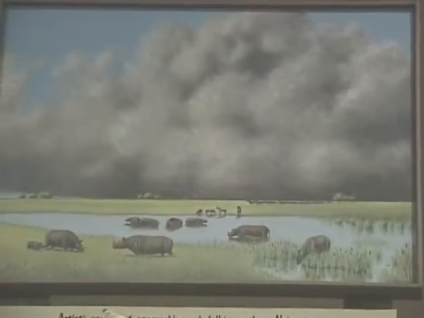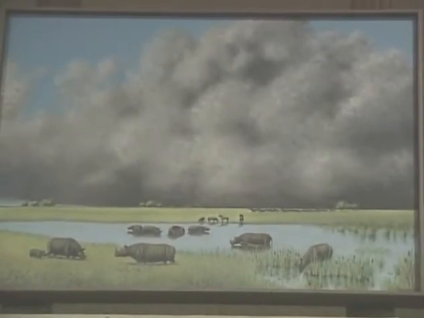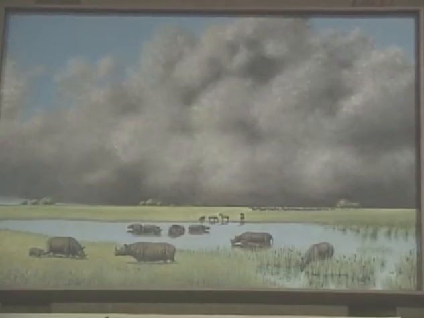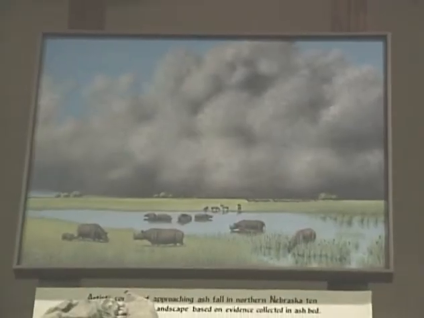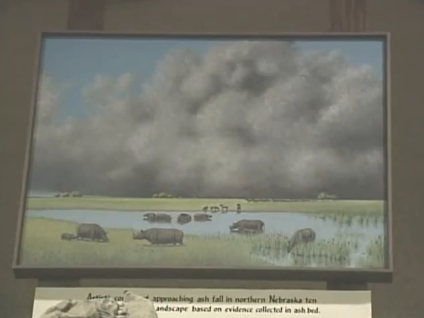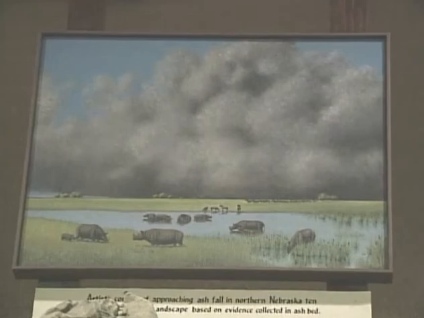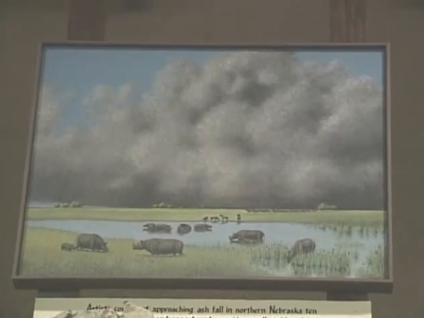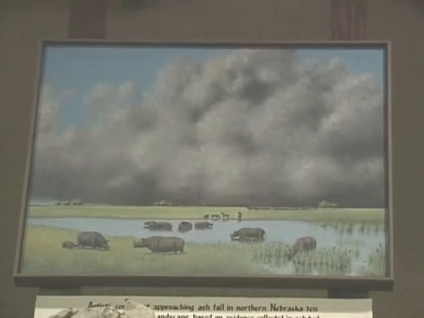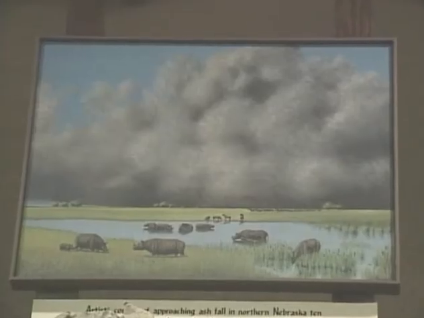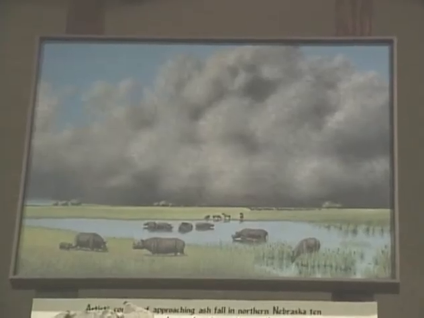We have here an artist conception of approaching Asphalt in northern Nebraska 10 million years ago. The landscape is based on evidence collected in the ash bed as it is today. Again, an area that is very easy to affix the correct data because of the excellent condition and preservation of the fossils found there, with the baby rhino being an example thereof.